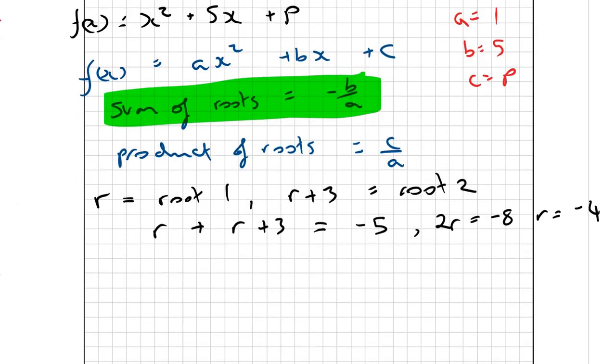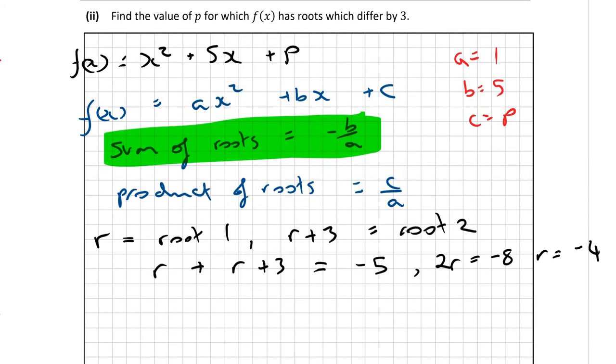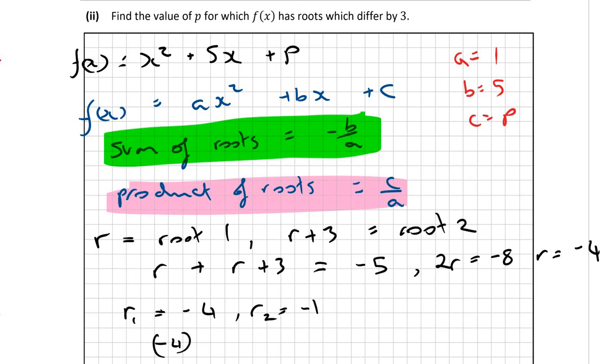Now, if that's the case, then the product of roots is equal to c over a. If r is one root, we've got root 1 equals minus 4, and root 2 equals minus 4 plus 3, which is minus 1. Therefore, minus 4 times minus 1 is equal to 4.